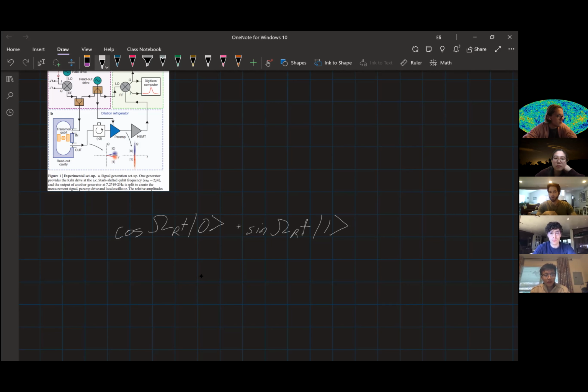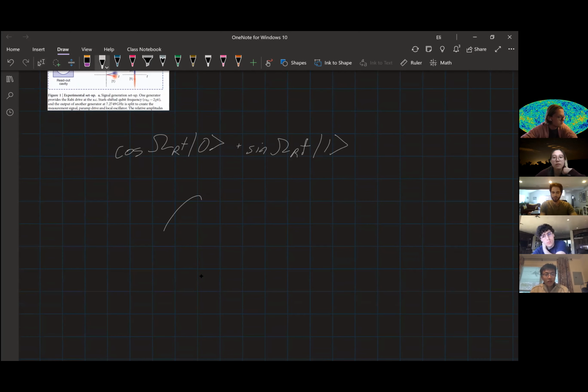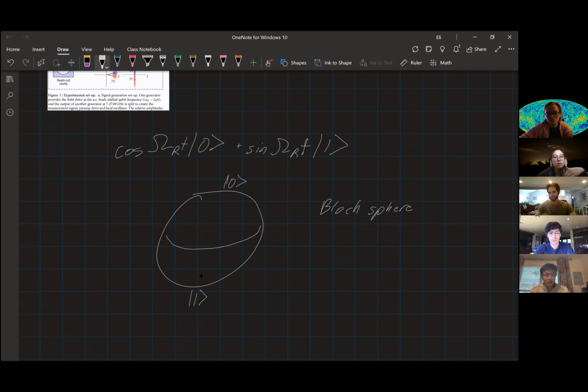Typically, the way we actually draw this is we say the qubit state is a vector onto the surface of a sphere. This is called the Bloch sphere. This is just a representation. And we say 0 is up here. Don't ask me why 0 is north. 1 is down here. The qubit state is drawn as a vector that lands on the surface of this sphere.